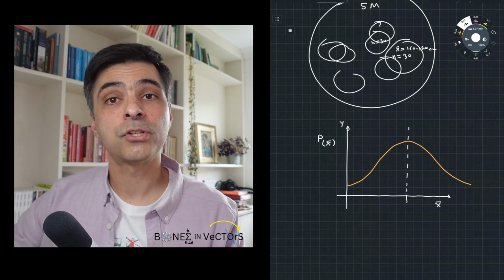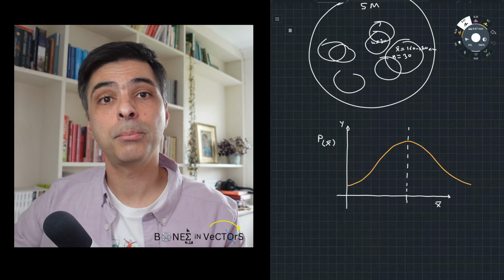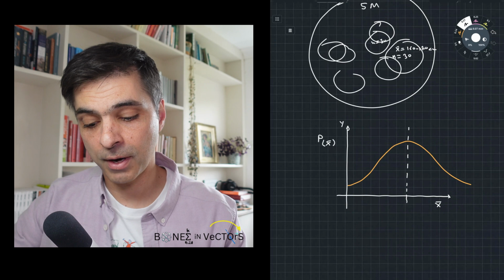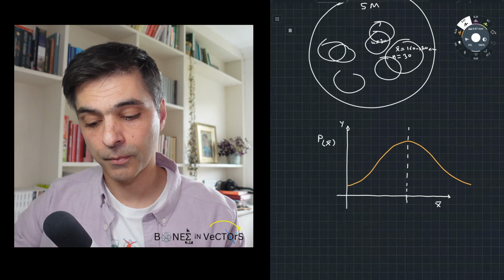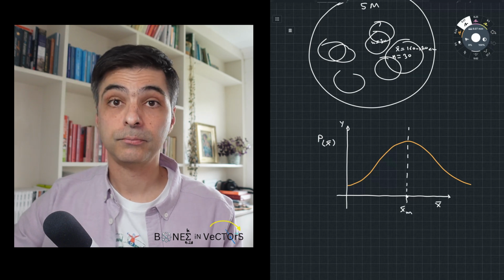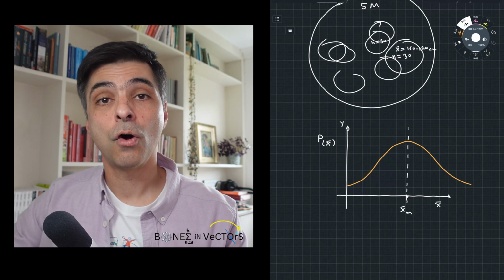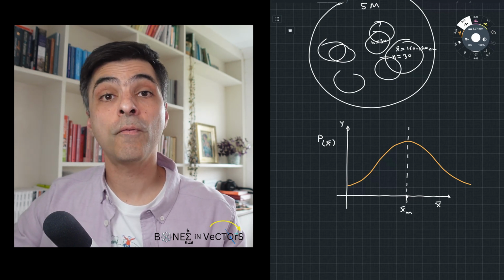Another part of this theorem says that the mean of the sample means, so this value here, we will call it the mean of the means, is the same as the mean of the whole population of the individuals.